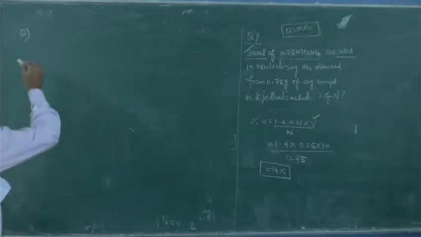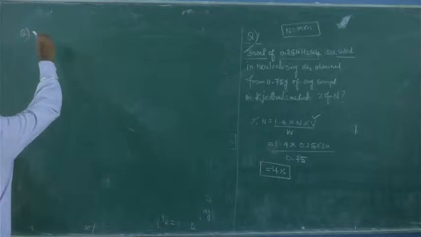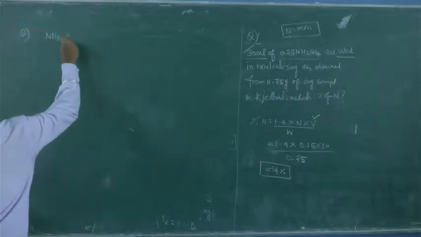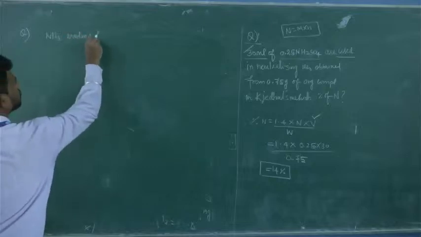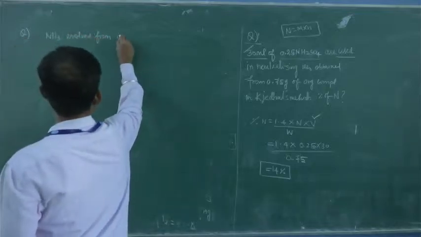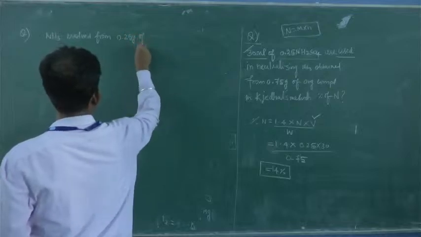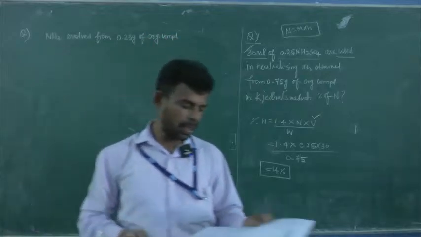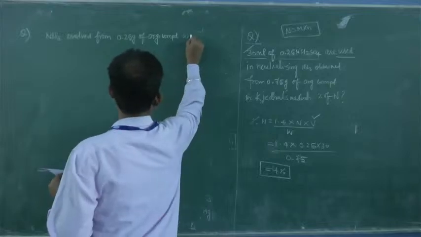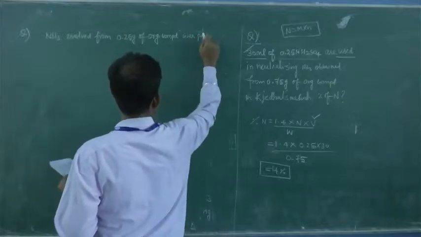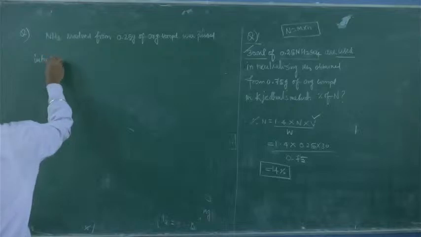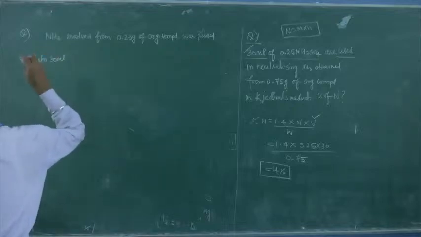Write the question. In Kjeldahl method, ammonia evolved from 0.25 gram of organic compound was passed into 30 ml of N/2 sulfuric acid.